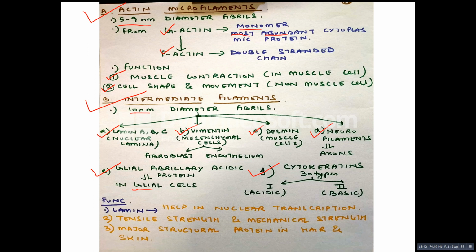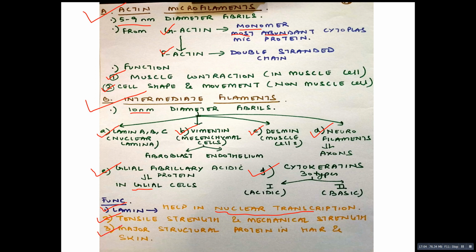Whereas the usual function of intermediate filaments, a single best answer, is that they provide tensile strength and mechanical strength. The third important thing is that they are a major structural protein in the hair and skin of human beings. I hope I have made myself clear.